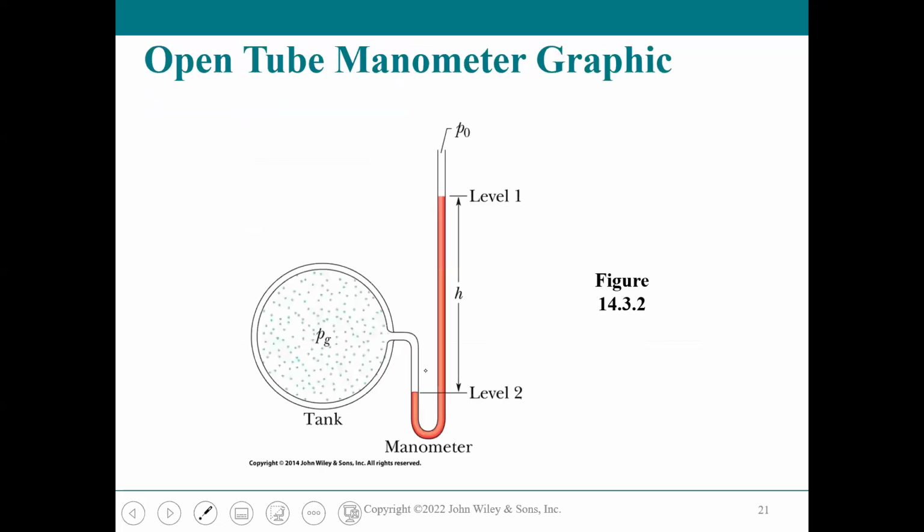And then the open tube manometer graphics. We see this one is the pressure of gas, and we can calculate the pressure. This one is equal to P0 plus rho GH, right?